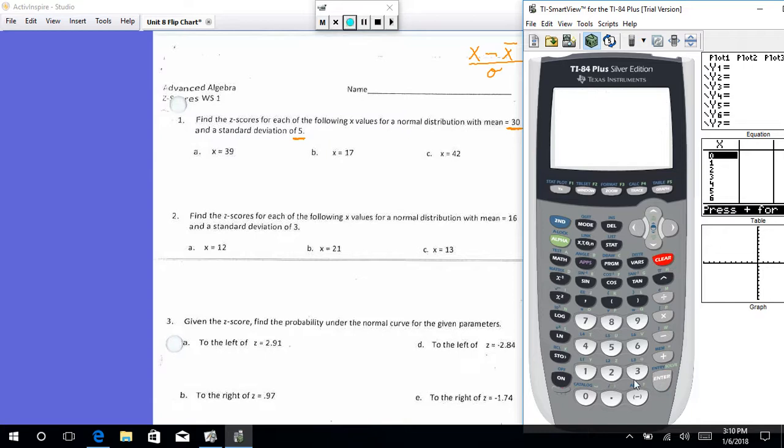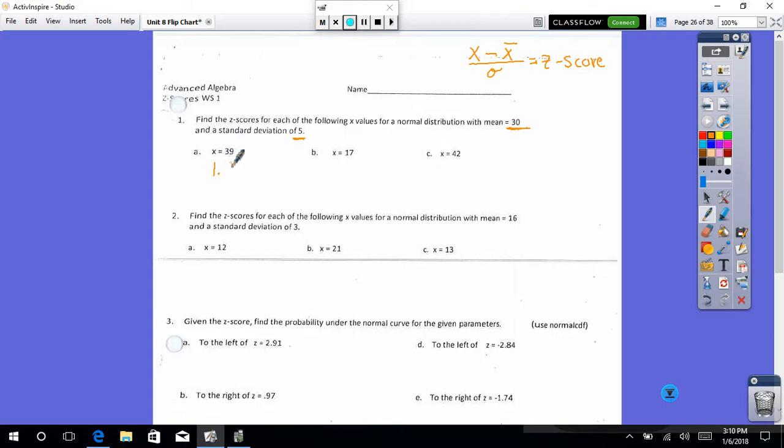The very first one, I have a score of 39 minus my average of 30, and then I divide by my standard deviation of 5. So my first person had a z-score of 1.8.